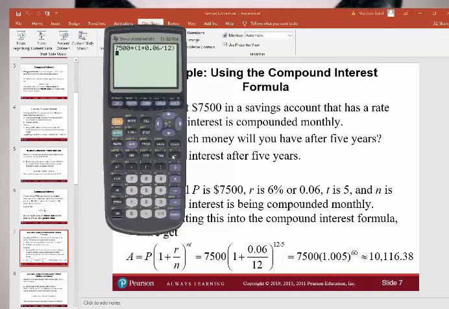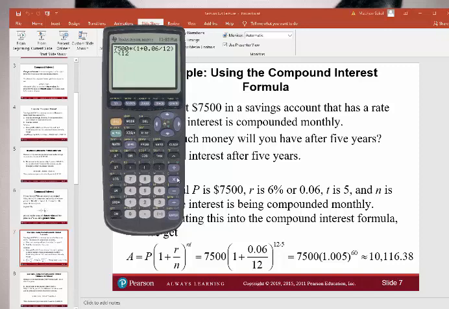And you're going to raise that, now you have to put this in parentheses, to the 12 times 5, and then close the parentheses. And look, after 5 years, you will have $10,116, and when I round this, 38 cents.